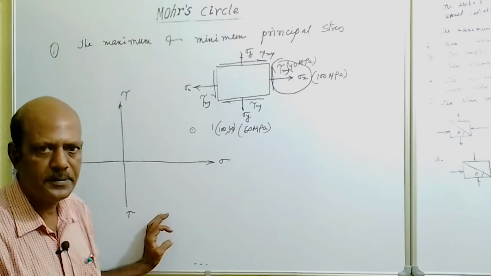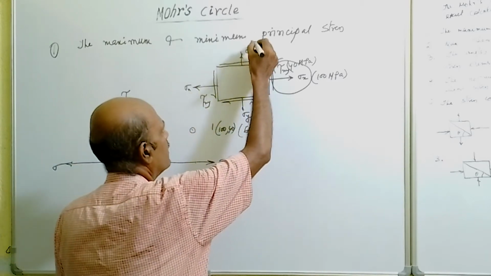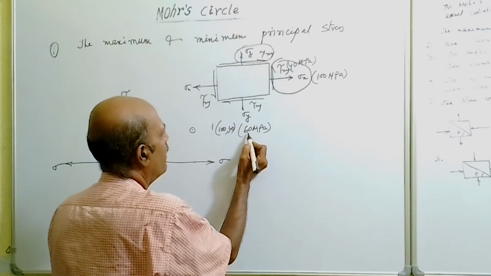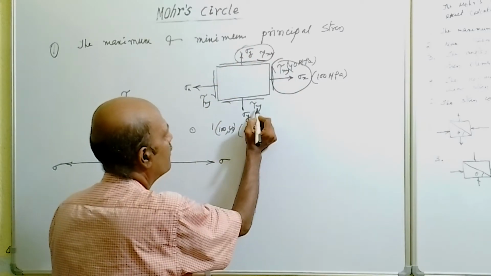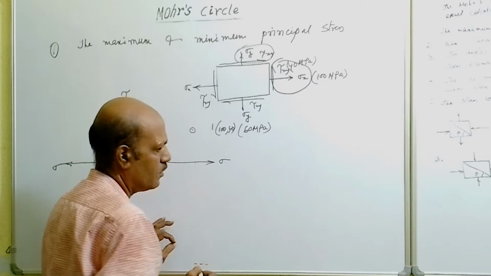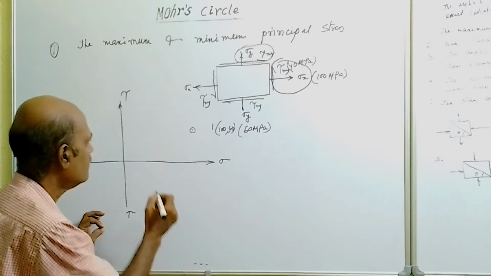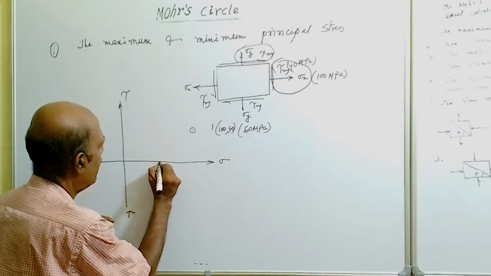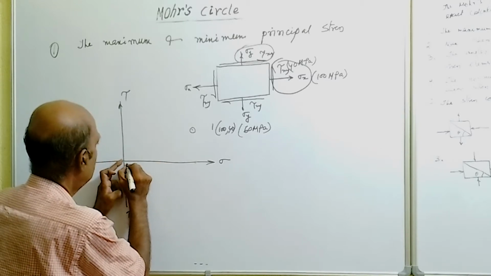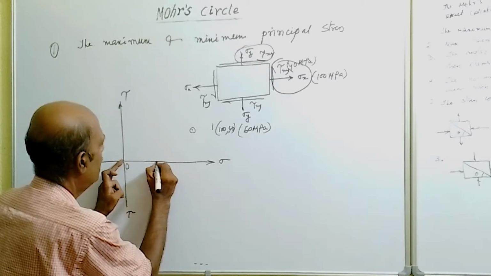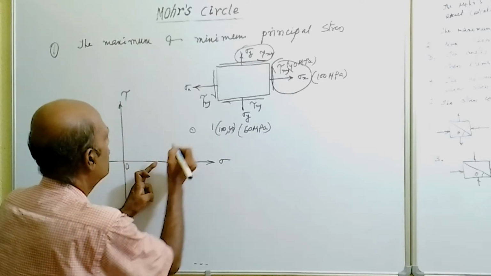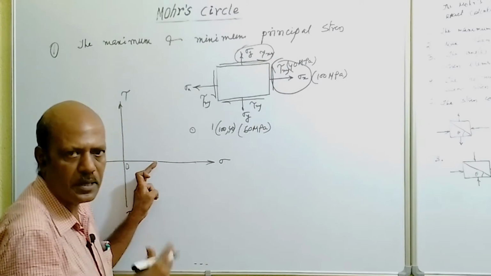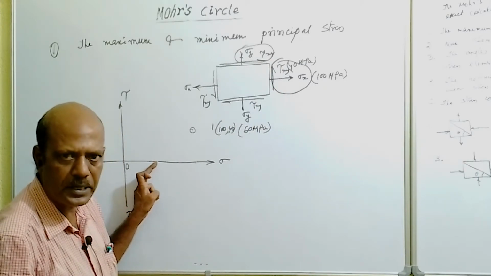Now go to the y face and see the stress condition. Here sigma y and tau xy. What is the sigma y value? 60 megapascal, and tau is 40 megapascal. Using the same scale, mark from the origin, move 40, then sigma y is positive, and tau xy is in clockwise sense, that is negative.